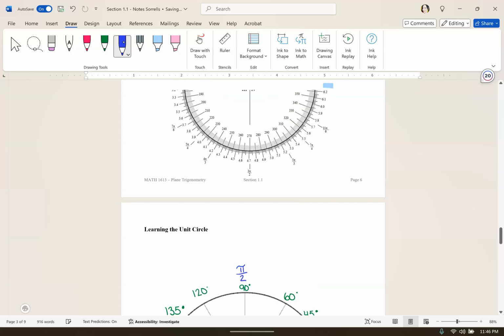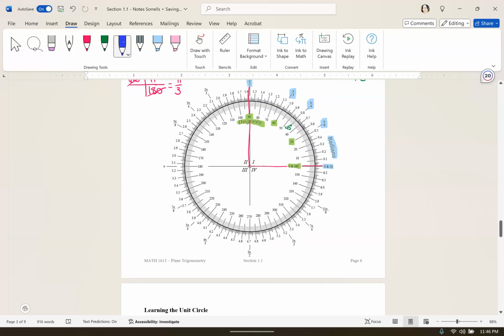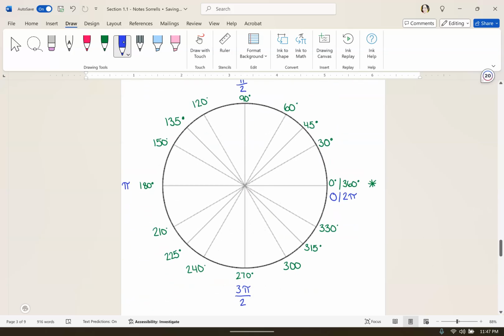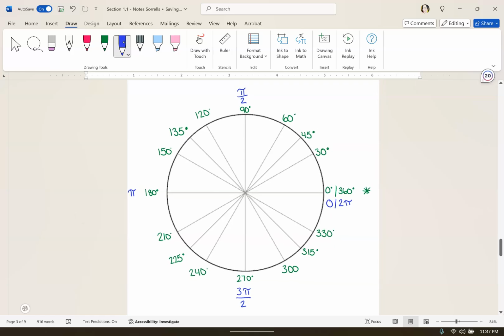Let's do the same order. So we're going to go back to 45. And I know all these answers are on here, but I'm trying to explain to you how to get them because this has to be memorized. Okay. So if we zoom out a little bit, we notice that this one is pi over 4. Okay.